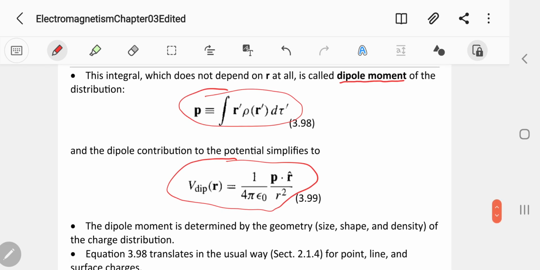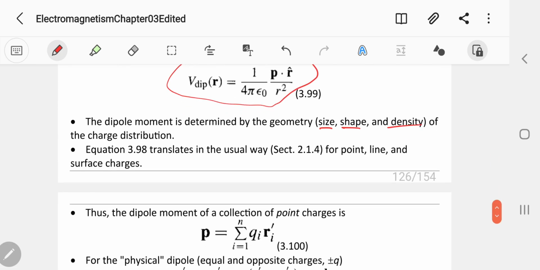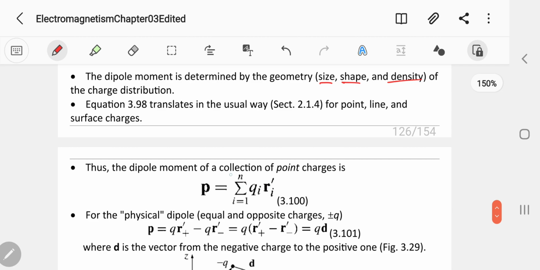And the dipole moment is determined by the size, shape, and density of the charge distribution. So we can calculate p. We will calculate p later, or you can calculate p as this one here.